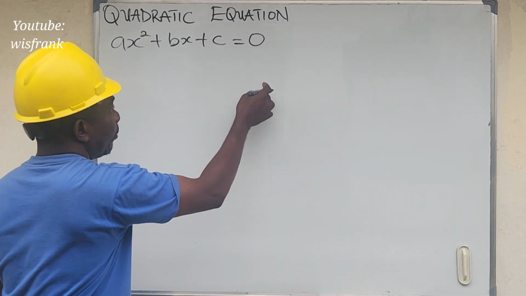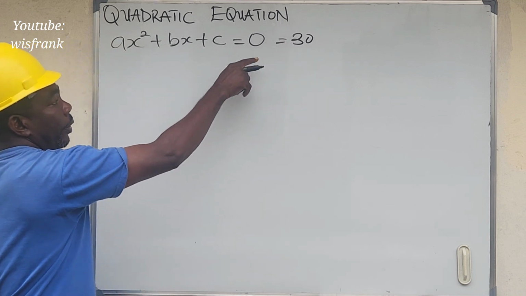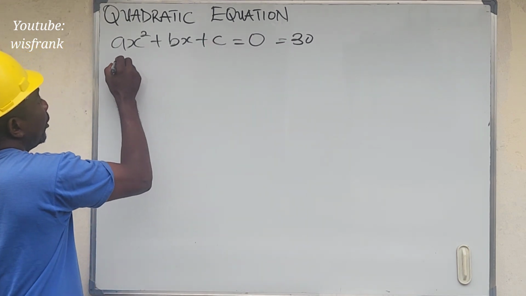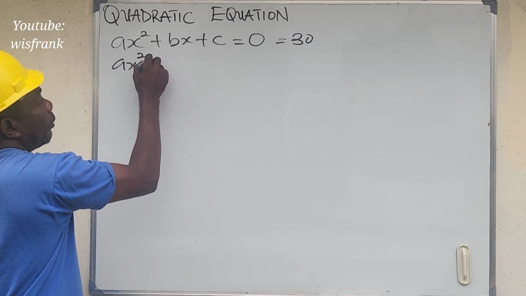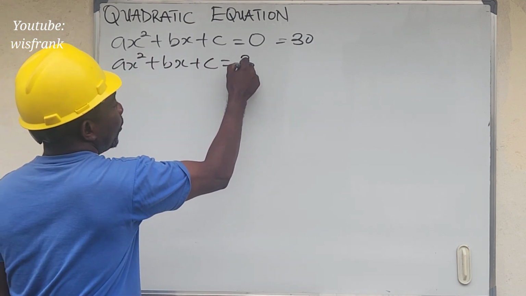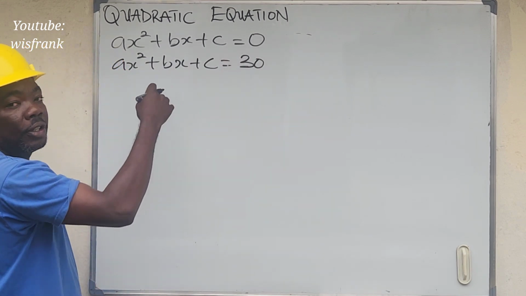It can be equal to something else. Here it can be equal to 30. But if you transpose 30 to this side, for example, we have ax^2 + bx + c = 30. So here we need to transpose 30 to the other side.